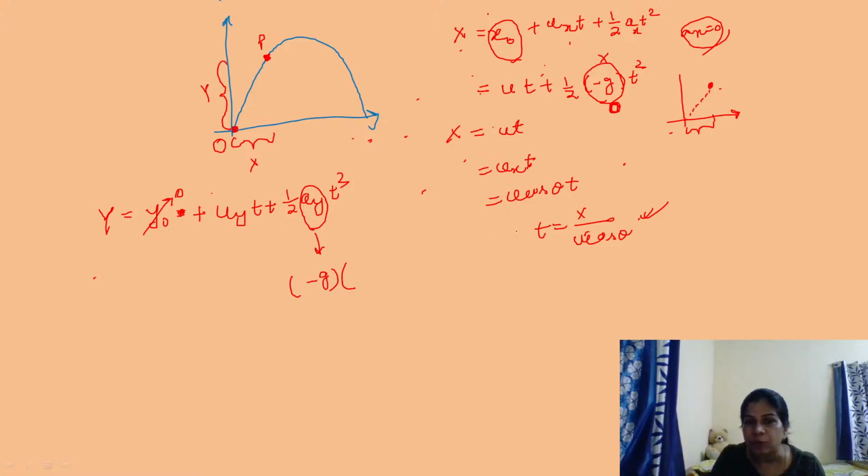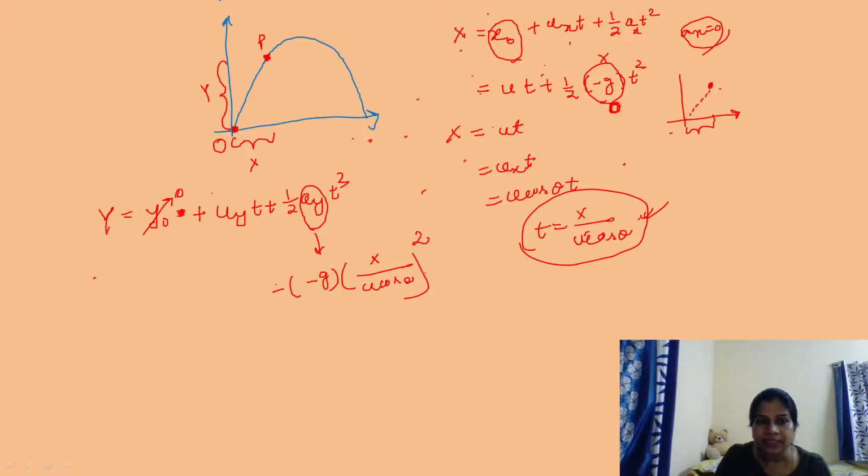Instead of t, you put here this very expression of t. So this is x, just a minute, x divided by u cos theta. Understood? Square. So this complete this expression. This t is again x divided by u cos theta, and this uy is nothing but u sin theta.